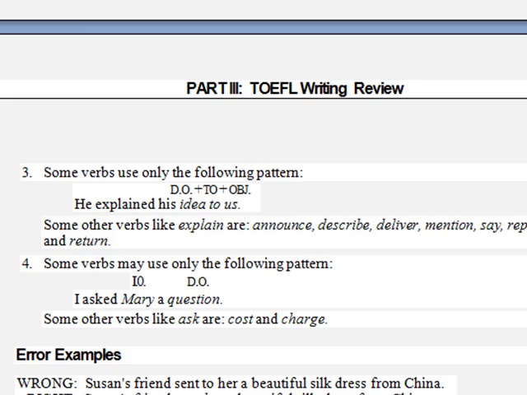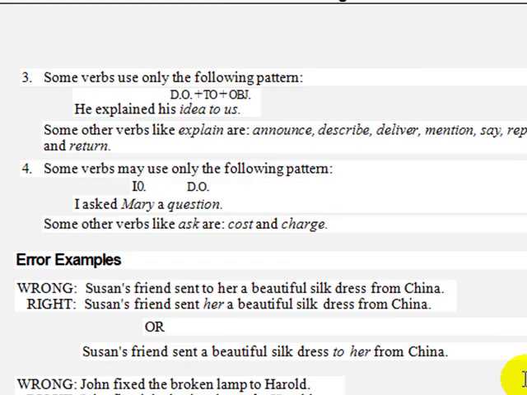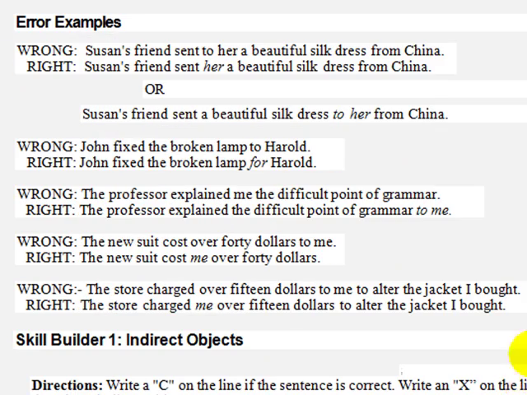Fine? We go down further, and we have examples of this, and they are put in such a way, and I like this form of wrong and right, because often the wrong is what students do.